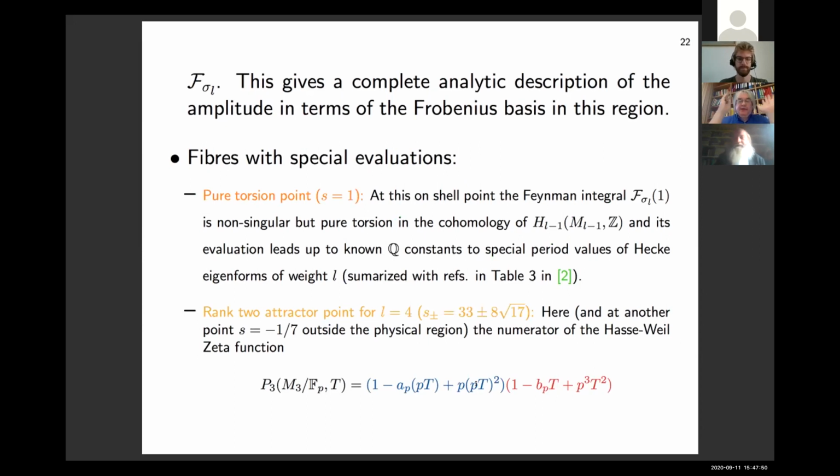But let me tell you one thing. It's not true that you get exact values only if the Hasse-Weil zeta function factorizes. Basically, the Weil conjecture would say that for general rational points, or maybe rational points with extension, you find Hecke eigenforms of paramodular forms, Siegel paramodular forms.